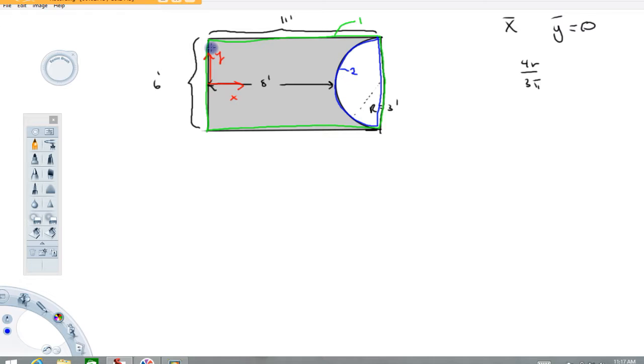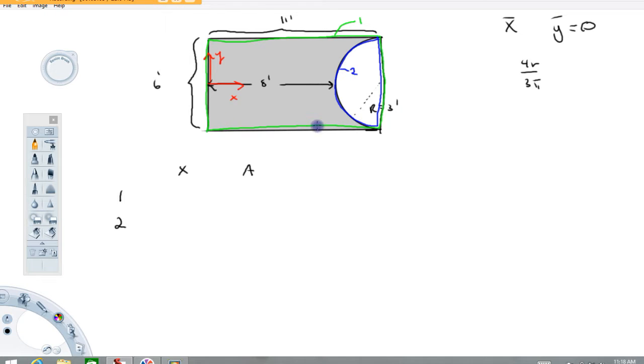I'm going to demonstrate in a table how we handle that. Just like in my previous video, I've got an object 1 and an object 2. I'm going to calculate x bar and the area for each one. I'm not going to bother with y bar like I did in my previous video, because I know that y bar for the geometry is 0.